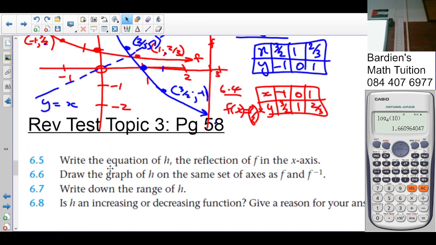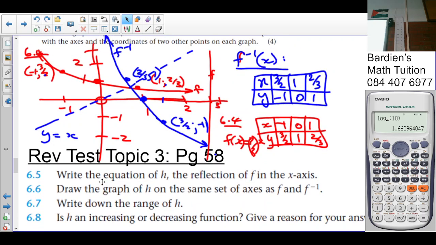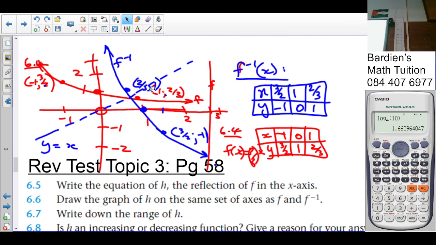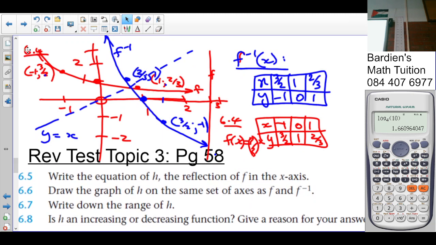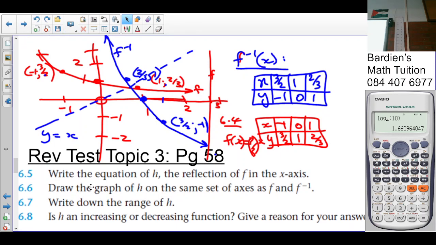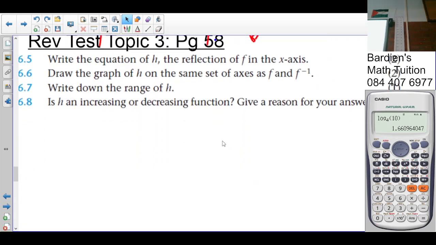So in 6.5 we are told to write down the equation of h, the reflection of f in the x-axis. So if something is reflected in the x-axis, what happens? y becomes negative.